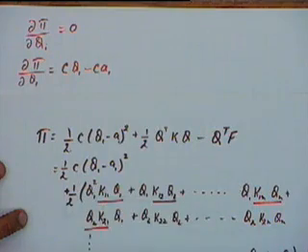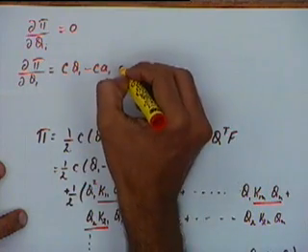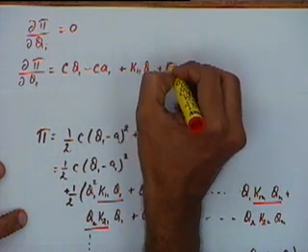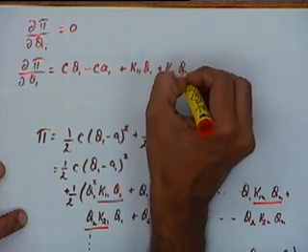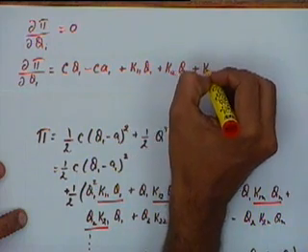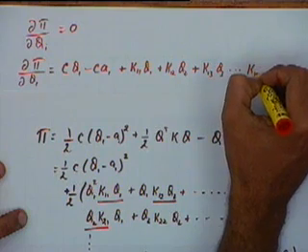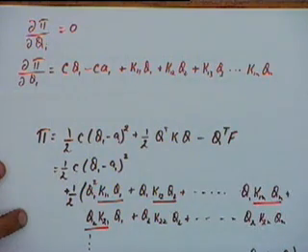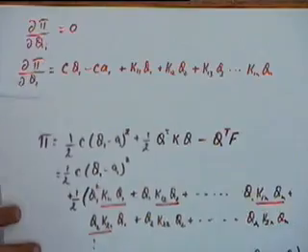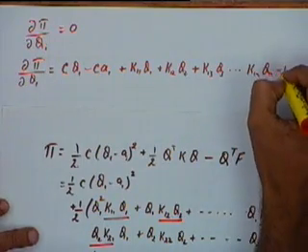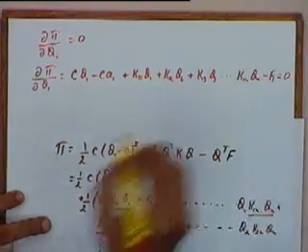The terms from here will give me k11 q1 plus k12 q2 plus k13 q3 so on up to k1n qn. And then this term will give me minus f1, so this minus f1 will be equal to 0.